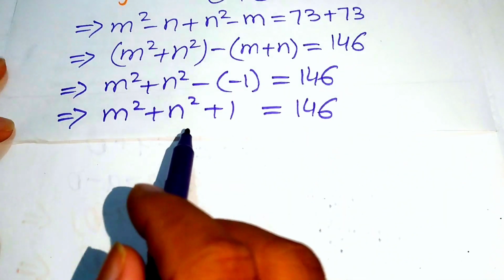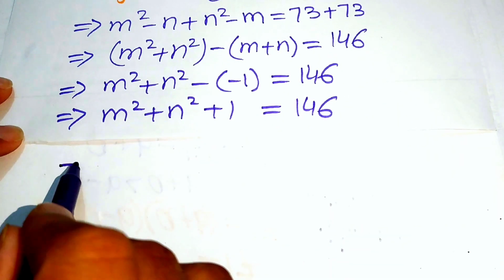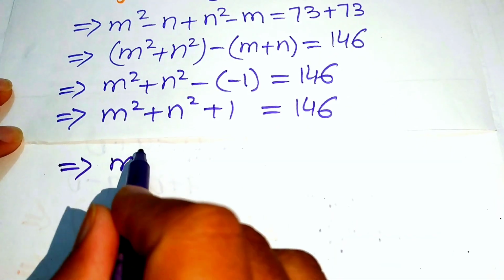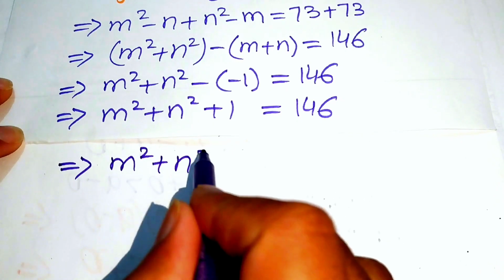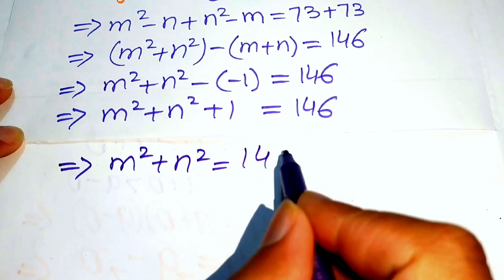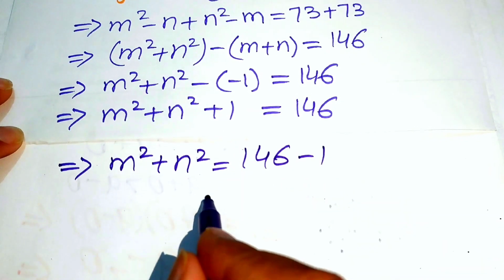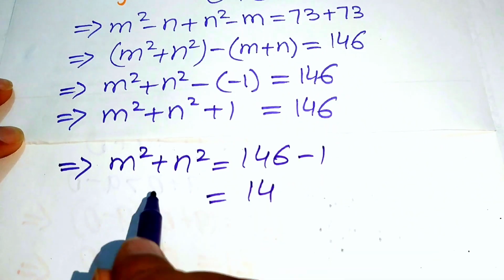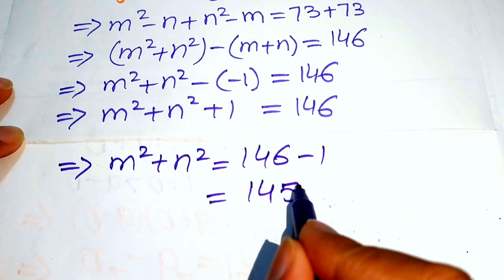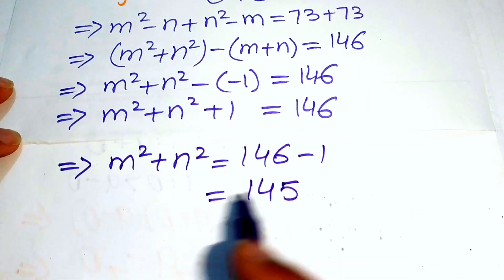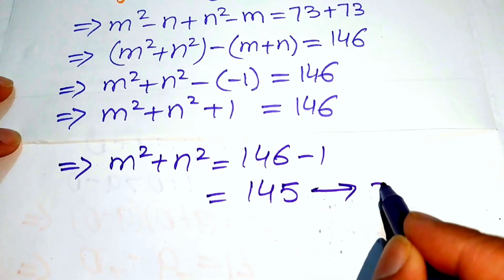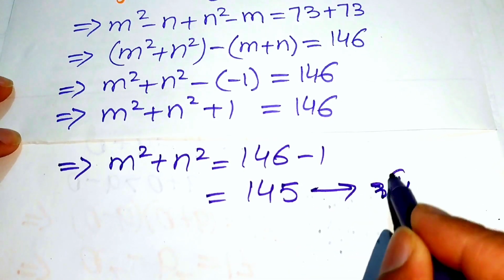In the next step we move this plus 1 to the right hand side, and we get m squared plus n squared equals 146 minus 1. So we easily get m squared plus n squared equals 145. We call this equation number 4.